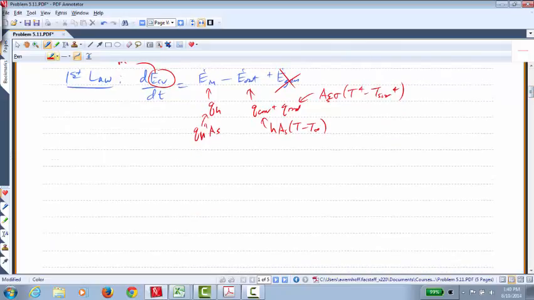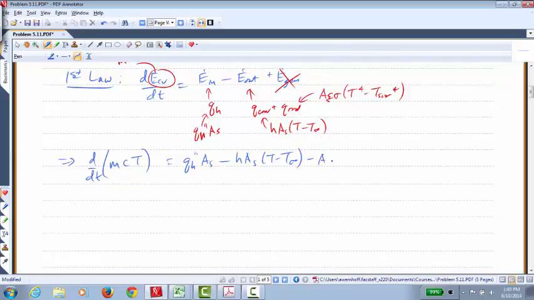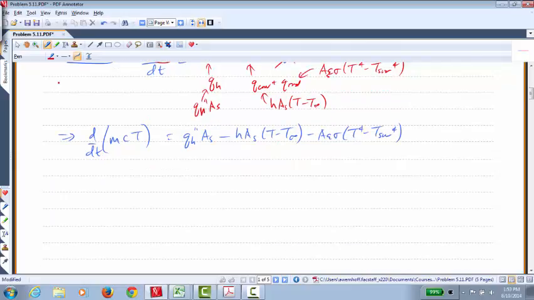So let's go ahead and simplify this all out here. So we have d/dt of mcT equals q_h double prime A_s minus h A_s (T minus T infinity) minus A_s epsilon sigma (T to the fourth minus T surroundings to the fourth). And the next step is to plug in for mass, rho times volume, and examine the fact that volume is A sub s times L, and the mass times the heat capacity can be put outside of the derivative since they're constant.